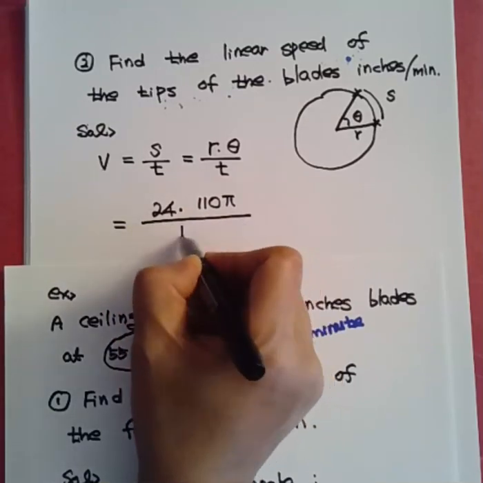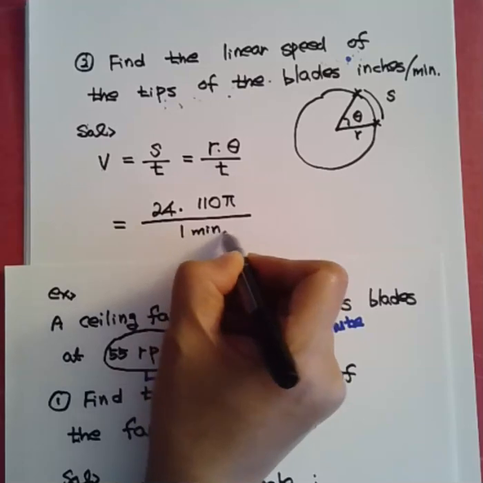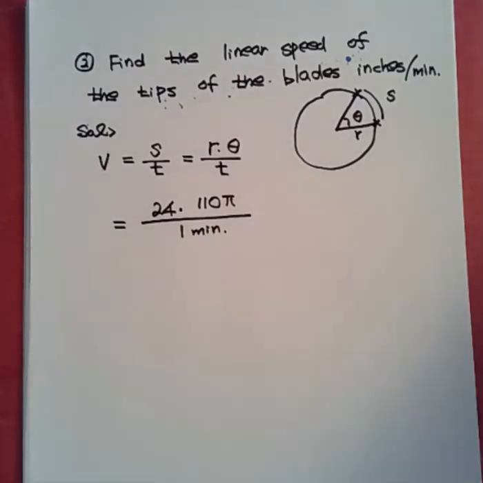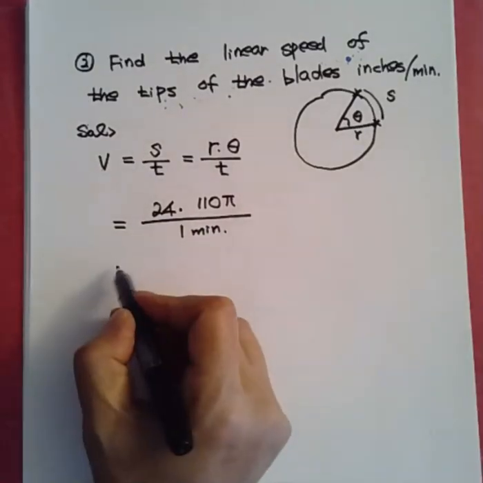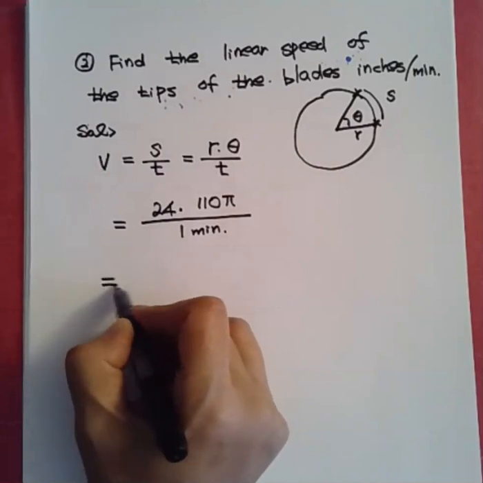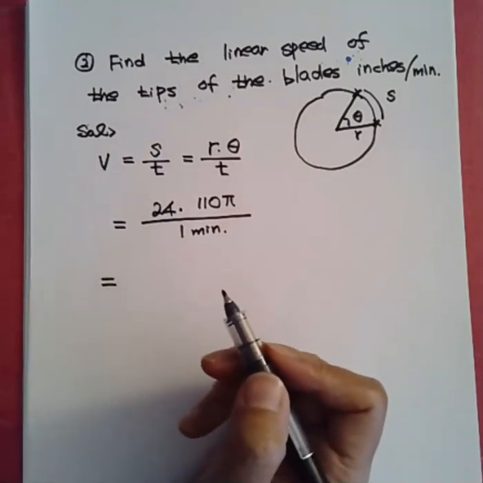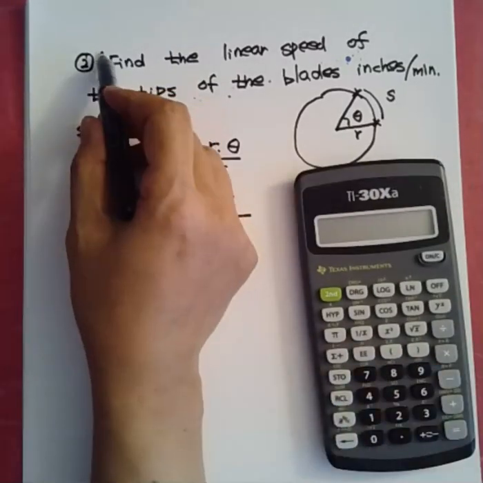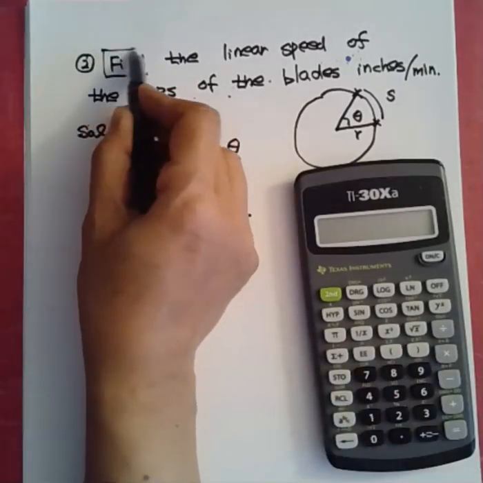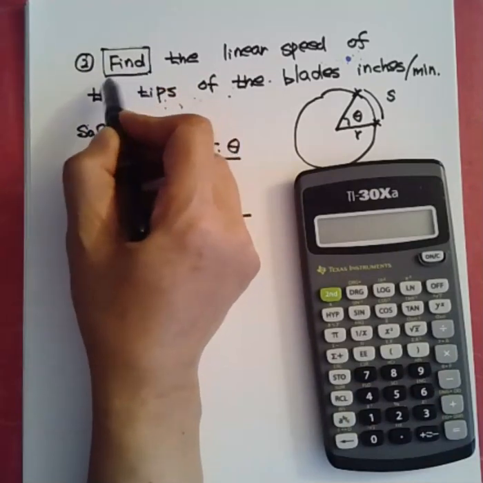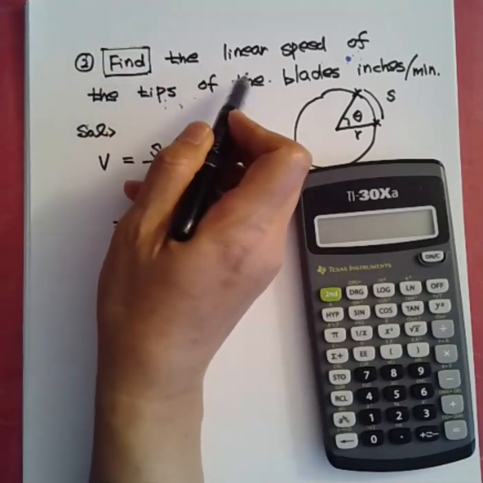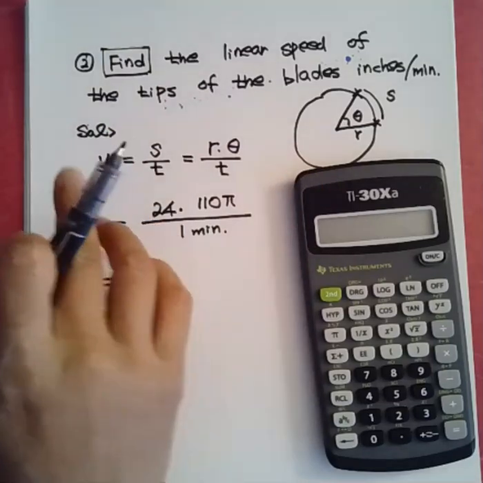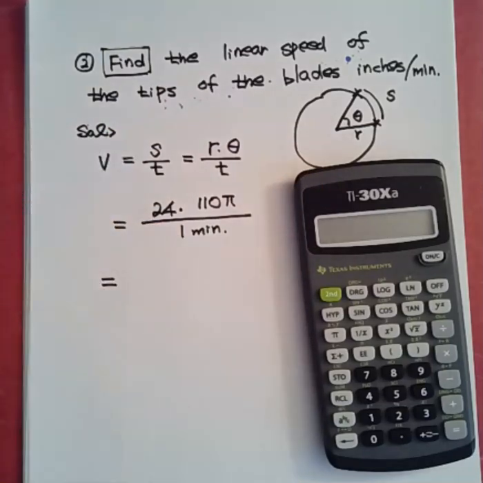Divided by 1 minute. So you have to use calculator. Of course, in this problem, they are just asking you to find the linear speed, but they didn't give us any instruction about how to approximate.